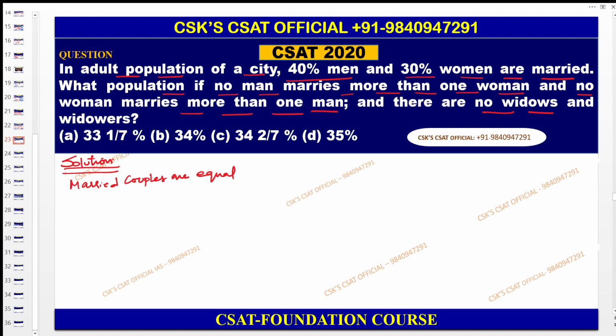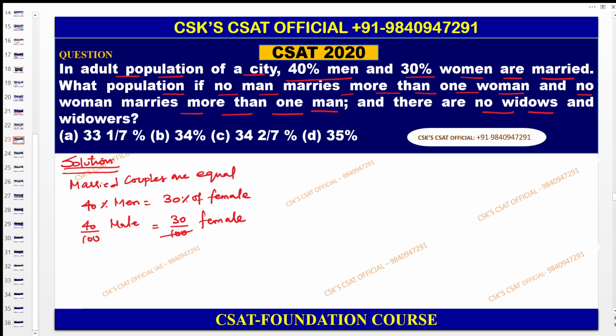So here, 40% of the men is equal to 30% of the women according to the question. Now 40 by 100 into male is equal to 30 by 100 of female.